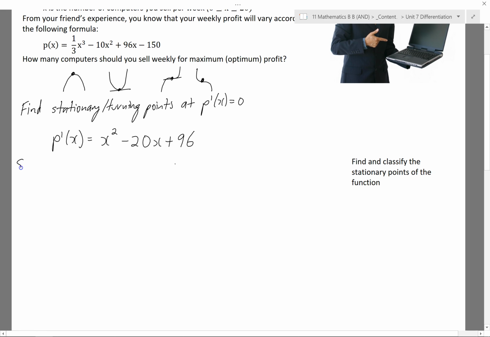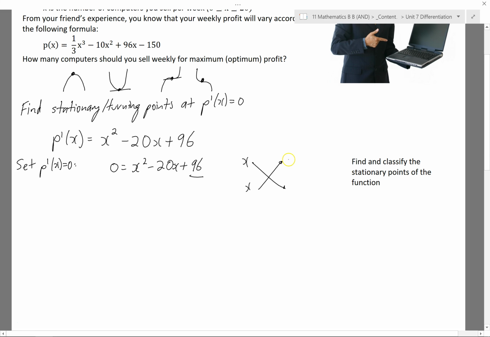Now I'm trying to find stationary points, so I'll set p dash of x equal to 0. And I'm looking for the x values which will satisfy this equation. I just need to relax and do some factorization. Two things that multiply to x squared, all good. Now I'm thinking here of two numbers that will multiply to give 96, and when I multiply across the crosses, add to give minus 20. I know that both numbers need to be negative. How am I going to get 96?